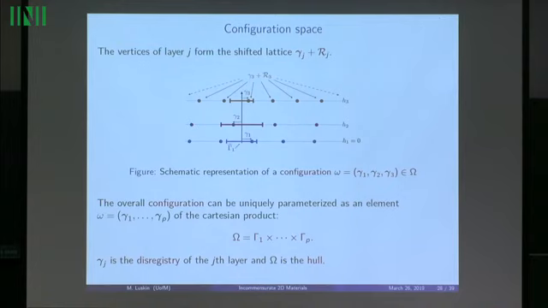So let's start with a little 1D picture. Here are 3 layers, no relaxation. Let's say I'm sitting at this point here. I can describe this configuration by the shift vectors gamma 1, gamma 2, gamma 3.